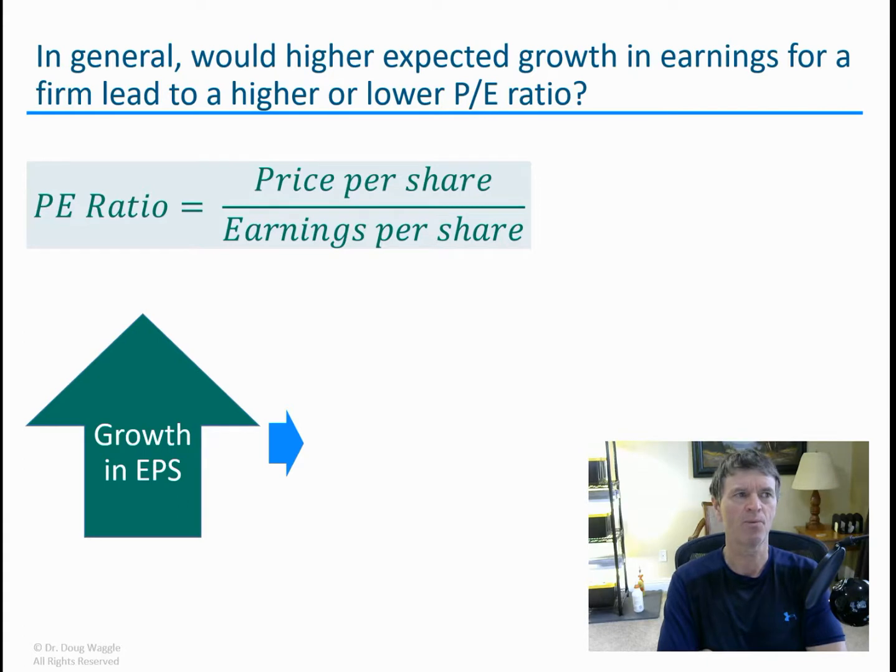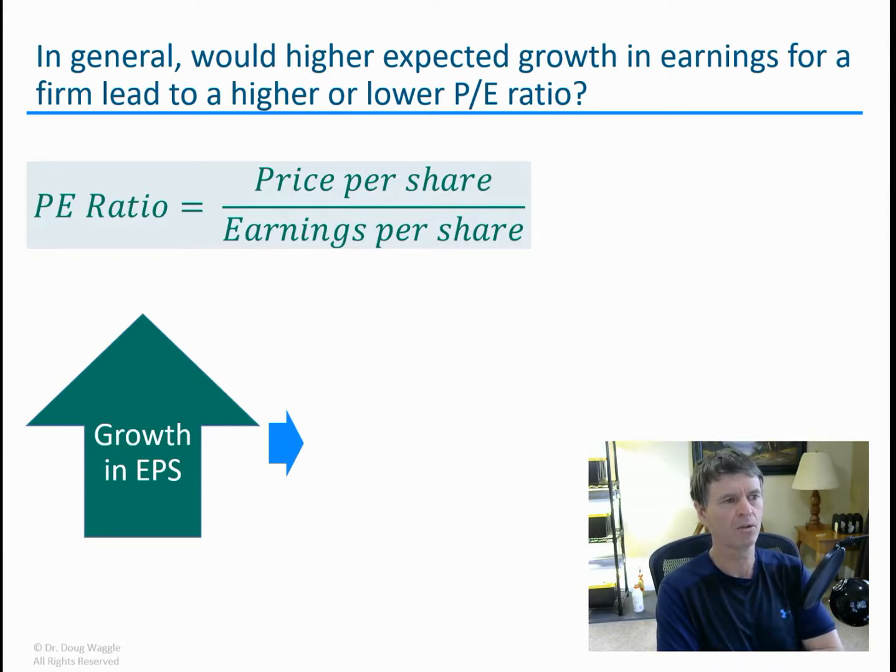How much are you willing to pay for each dollar of earnings that a company has? Now let's say we've got a company that's expected to grow quickly. Say as soon as the pandemic ends, we think Amazon's sales are going to skyrocket and go up 25% a year for a long time. It's kind of hard, Amazon's getting bigger and bigger. But let's say most companies are only expected to grow their earnings at 5 or 10% a year.